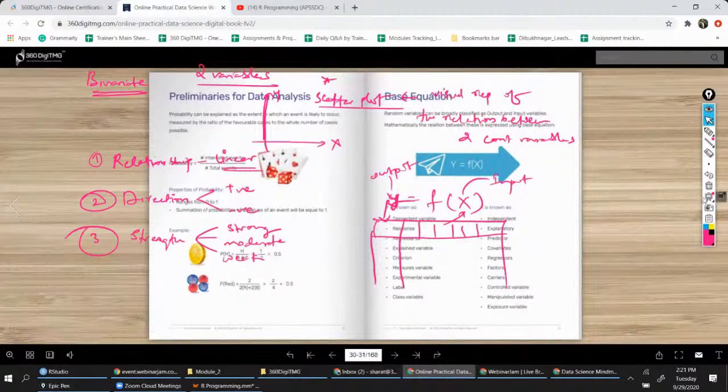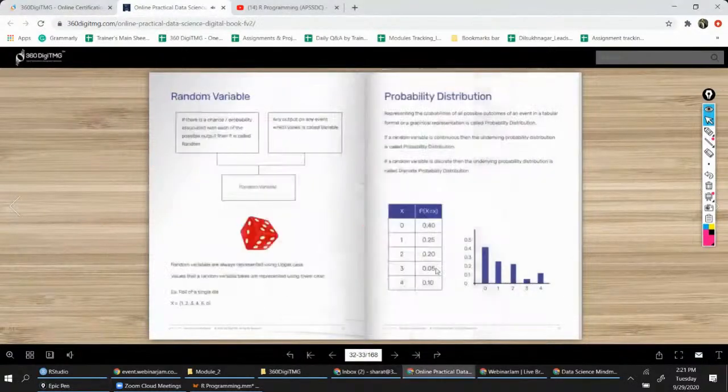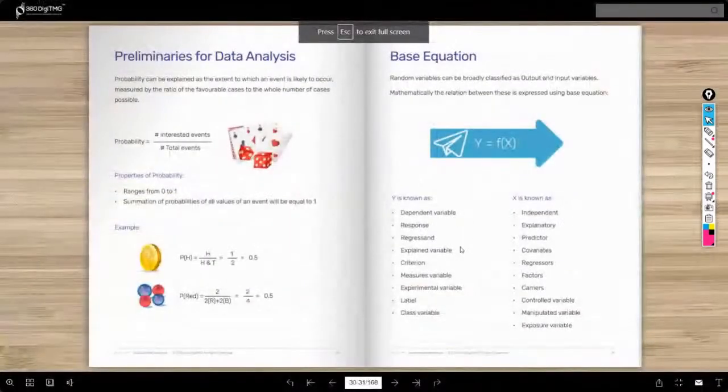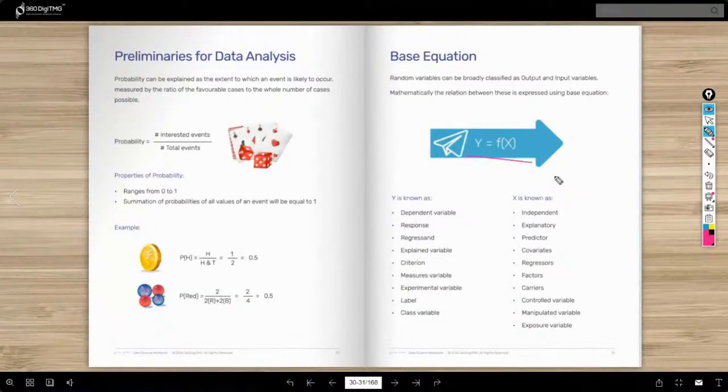So let me erase everything that we have on the screen, and so the base equation is y is equal to f of x, and y is known as output, but it also is known by all these different names: dependent variable, response, regressand, explained variable, criterion, measured variable, experimental variable, label, class.